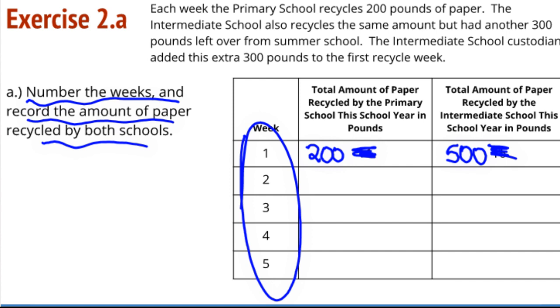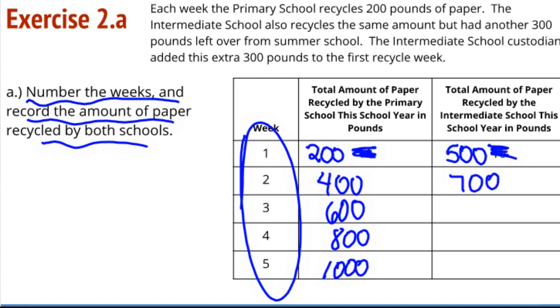I have figured out my starting point for each one, and it is going to increase by how much? Well, 200 pounds each week. So I'm going to add 200 pounds. Excellent.